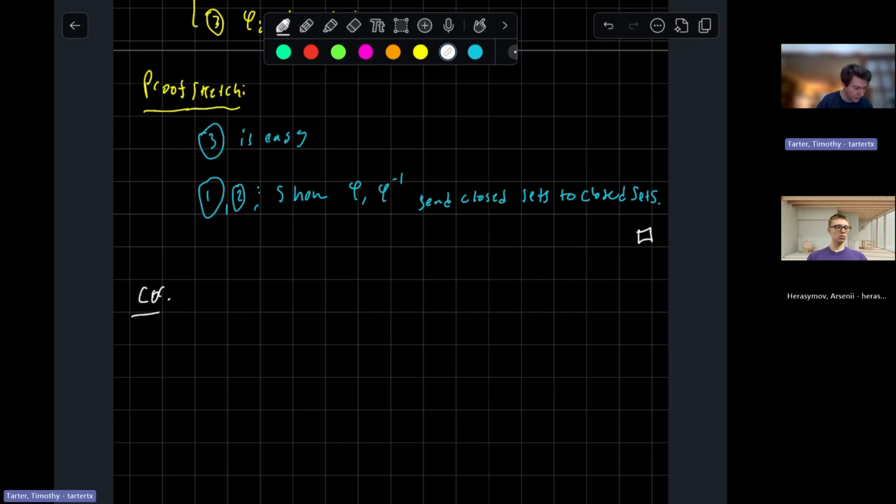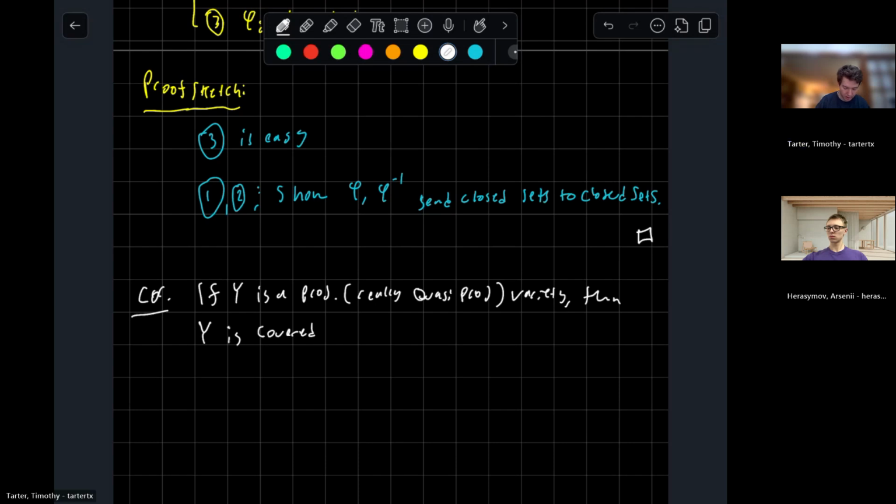And then a corollary of this is that if Y is a projective, really quasi-projective, variety, then Y is covered by Y intersect the U_i, which are homeomorphic.